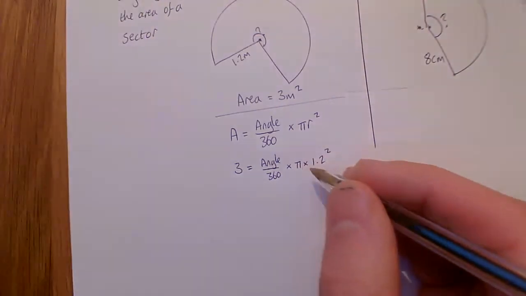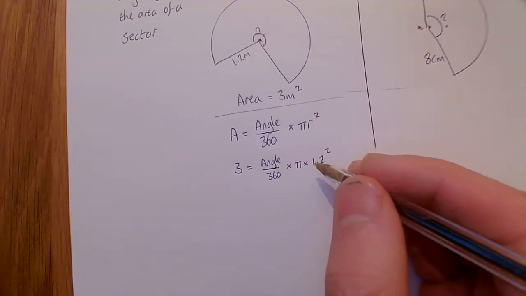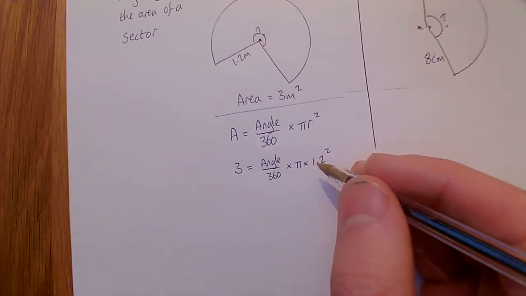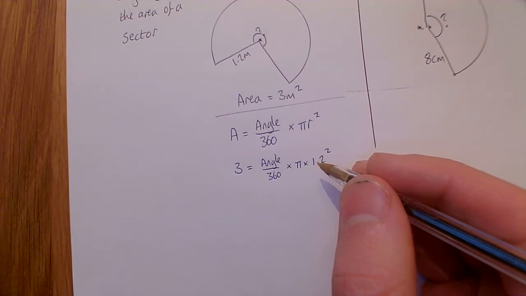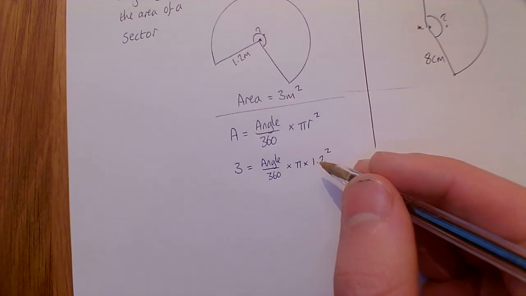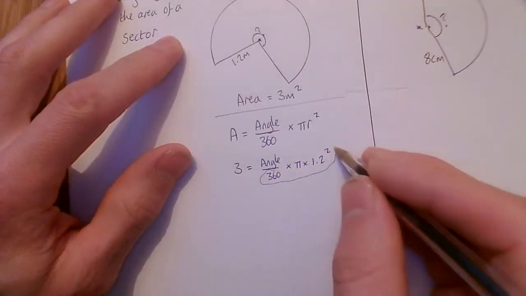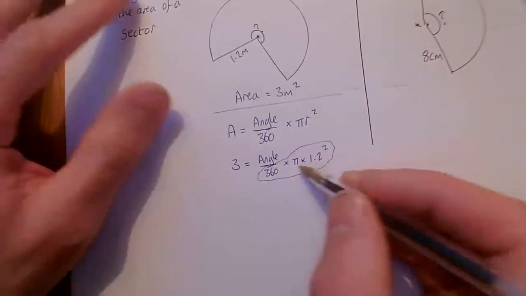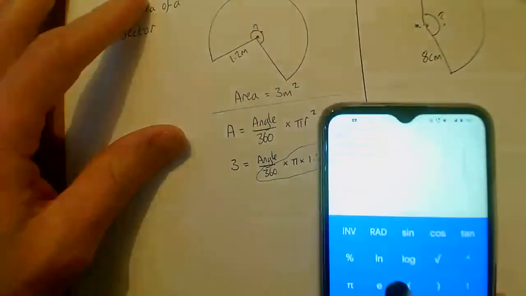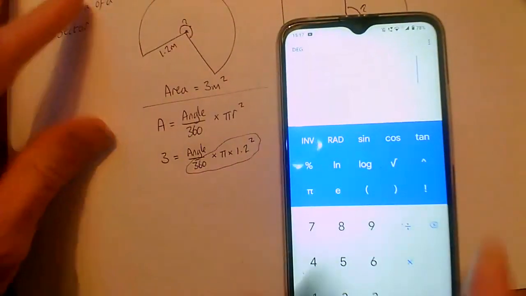Like in the previous video, we're going to work that bit out as a number, and then from that number we're going to be able to solve the equation. So I'm going to do this bit all as one thing. I'll show you the calculator as I do it.